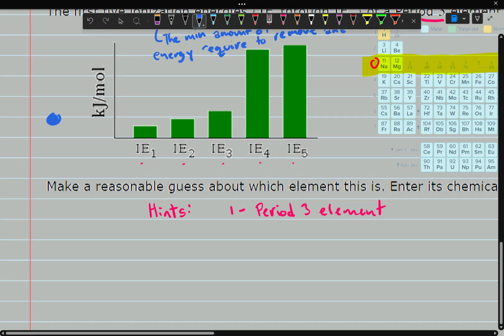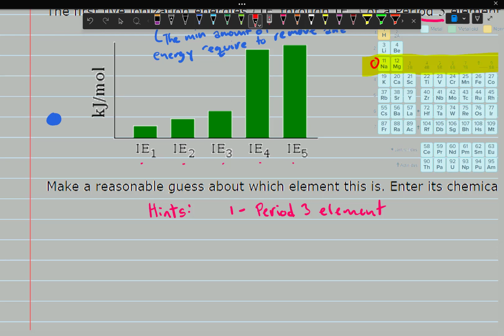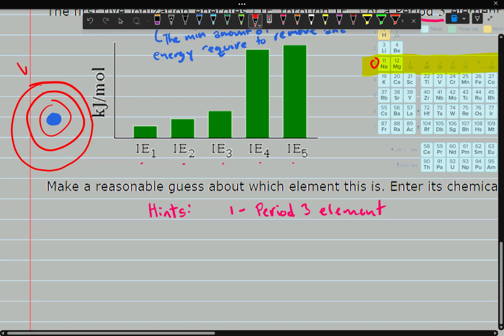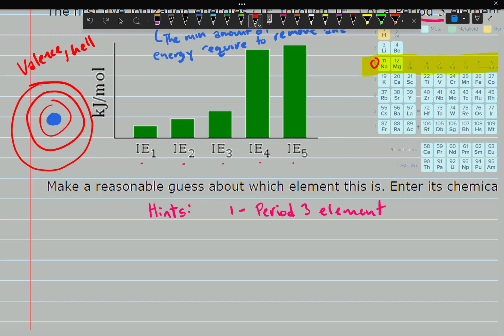This is its nucleus, and around the nucleus we've got these shells that are all filled up. And then we have this outer shell that we call the valence shell.